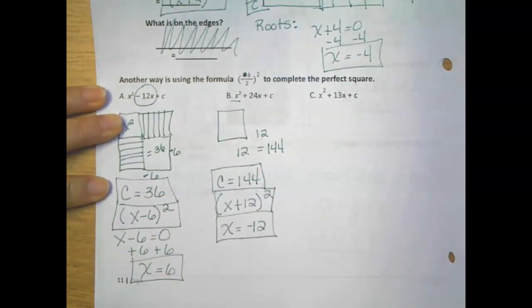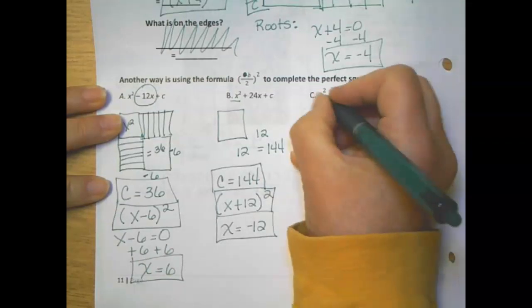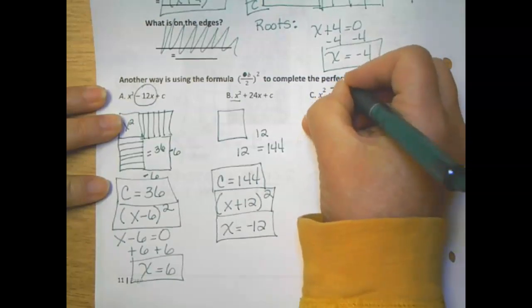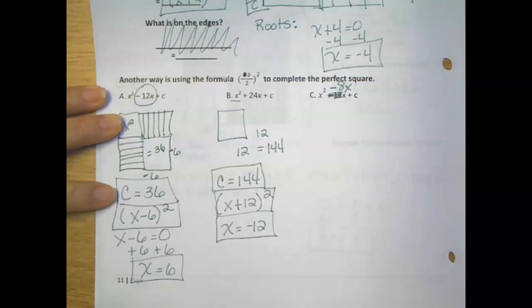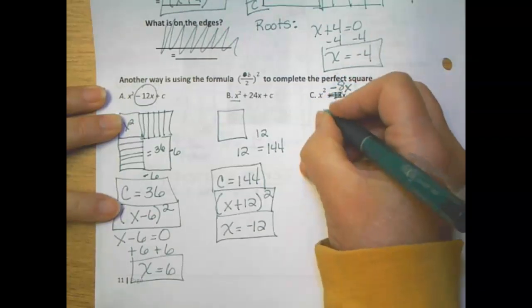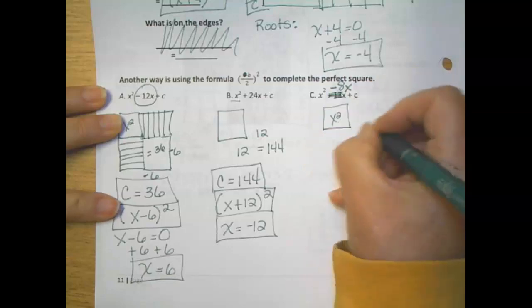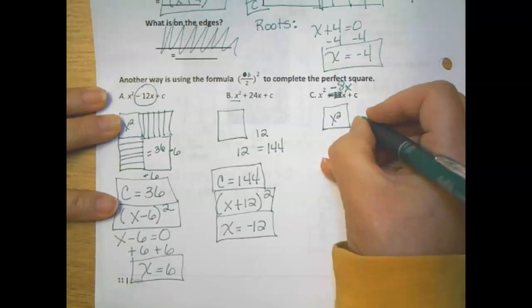That's what you need to do. This one, I'm going to give you a different equation. Let's change this to a negative 8x. A negative 8x. All right, so the same thing. So you guys should know, so we have our x squared. And then to divide this equally to make a square, it would be 4 and 4.